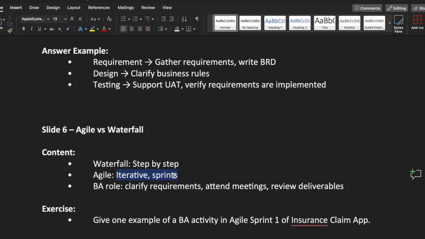So here is the thing, okay? These are methodologies. Let me think of a simple example. Let's take the doctor analogy. Waterfall is like you are a group of doctors working for one big hospital, researching something.